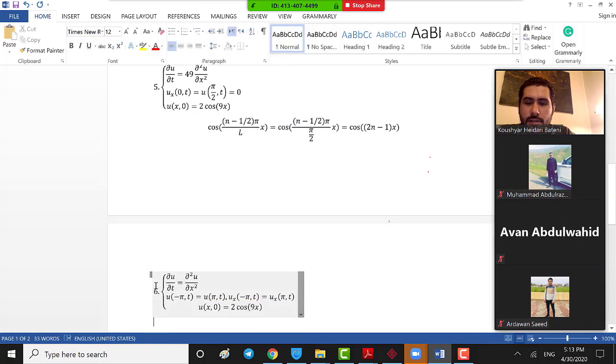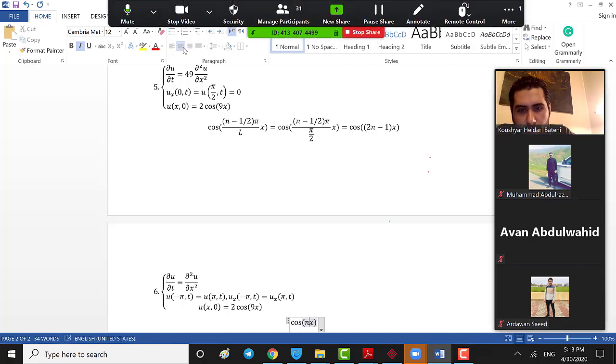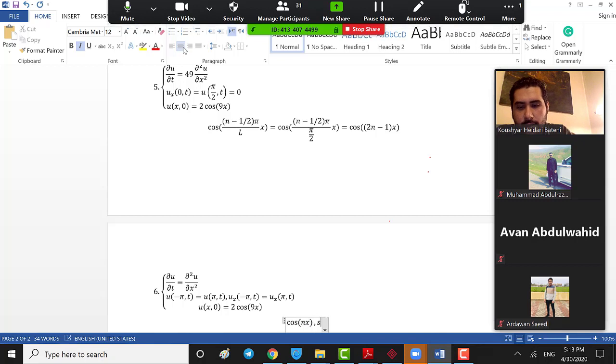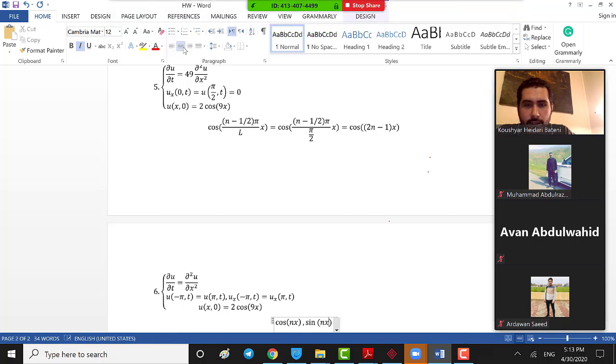For a 1D heat equation type 5, we have two eigenfunctions. One eigenfunction is in the form of sine of n pi x over L, and the other is in the form of cosine of n pi x over L. Yes, guys, this is very important. So the eigenfunctions are cosine of nx and sine of nx.